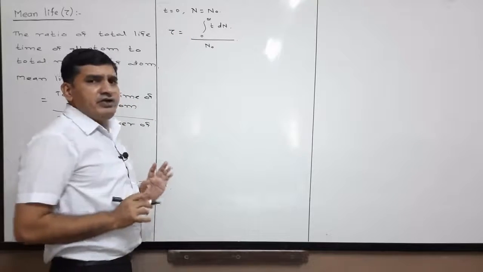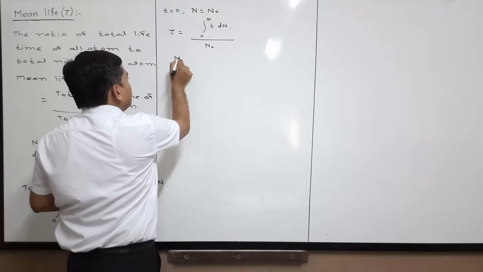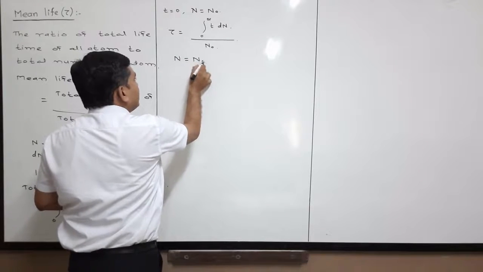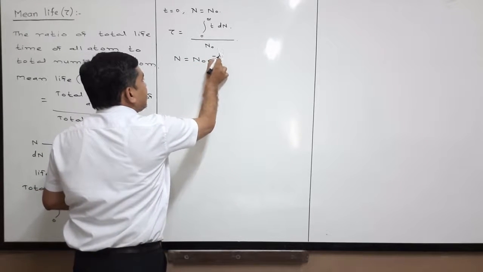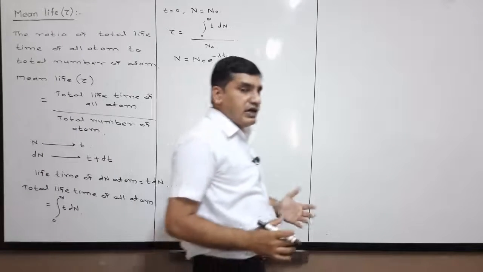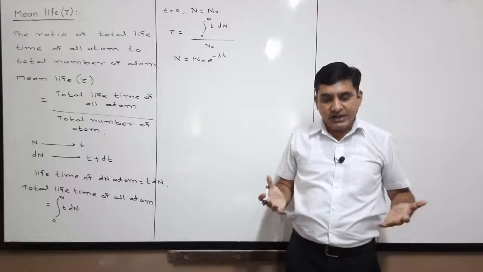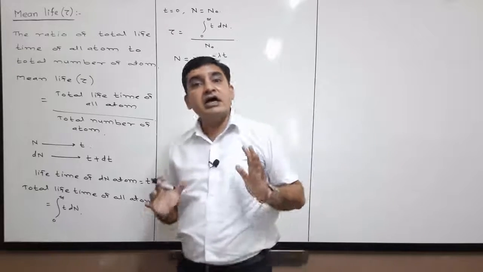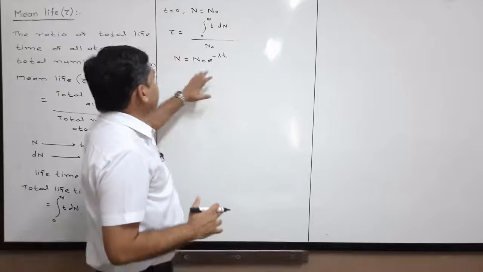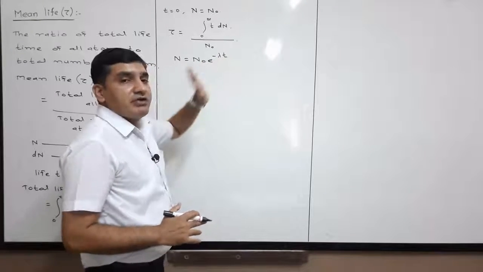According to the law of radioactive decay, we know that N is equal to N0 e raised to minus lambda t, and therefore radioactive nuclei disintegrate exponentially with time.